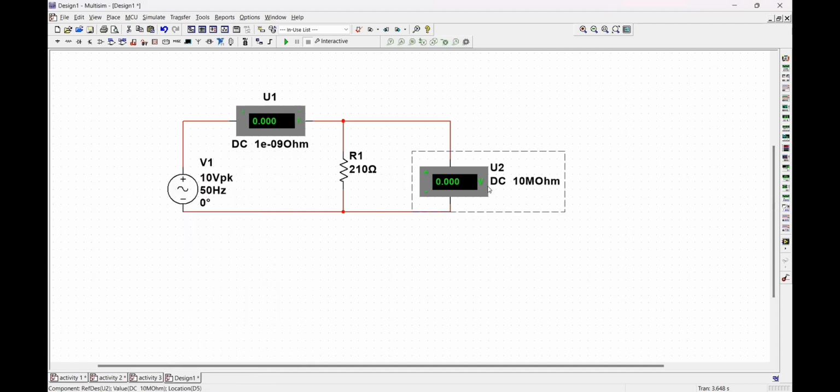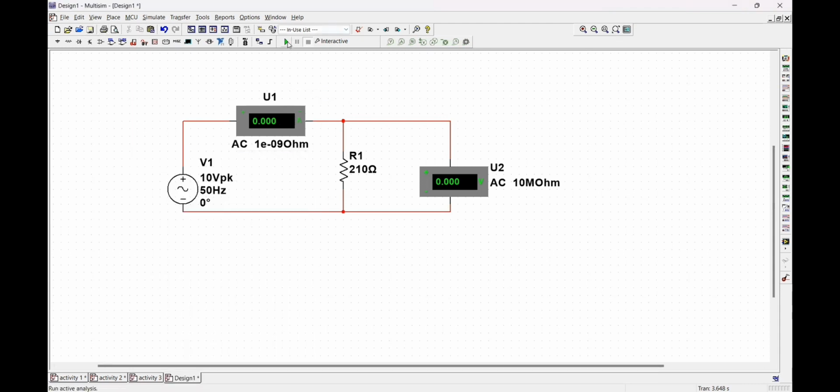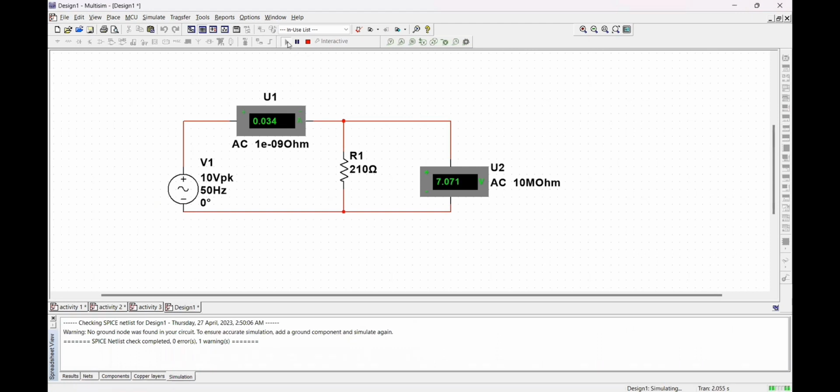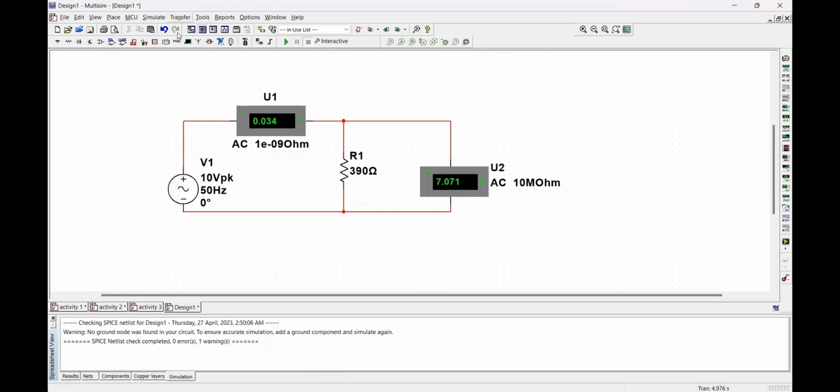And then for the DC, we choose AC because we are using an AC circuit, and then we just run, and then we get the answer for the ammeter and voltmeter. And for the second resistor, we have to choose 390, and then we run and get the answer.